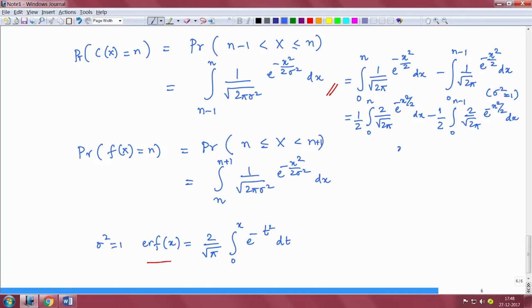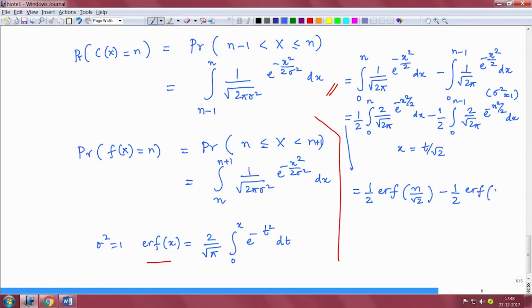Now if you make the substitution x equal to t over root 2, this evaluates to half of ERF of n over root 2 minus half of ERF of n minus 1 over root 2.